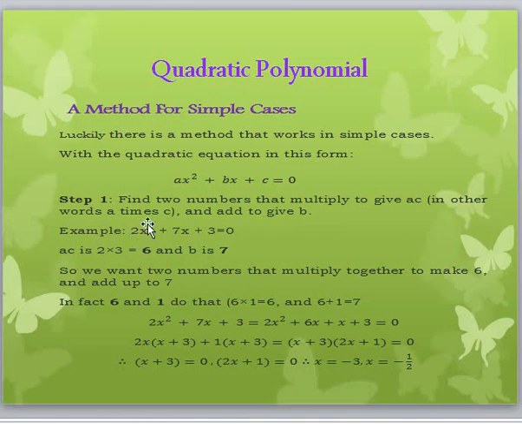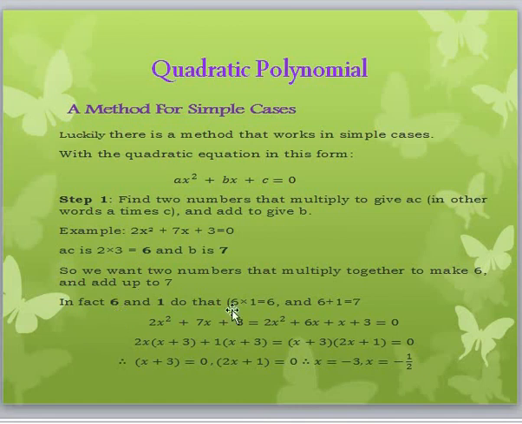For example, 2x square plus 7x plus 3 equal to 0. Here a is 2 and c is 3, so ac is 2 into 3, that is 6, and the value of b, the coefficient of x, is 7. So we want two numbers that multiply together to make 6 and add up to get 7.